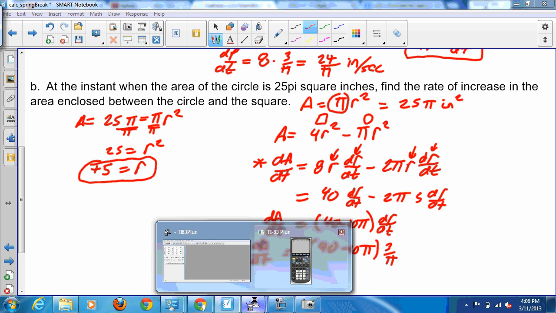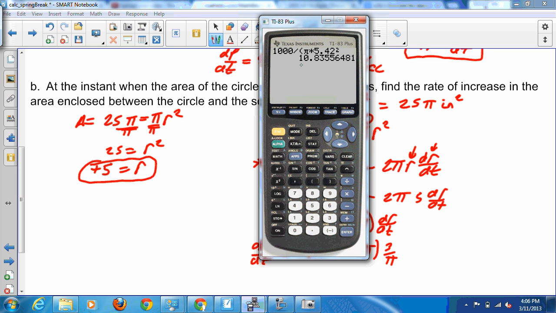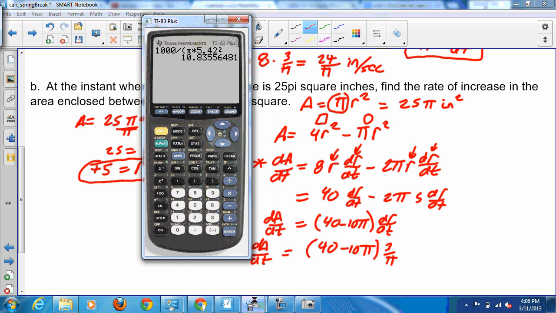So let's pull the calculator out and see if we can come up with a value for that. So we have 40 minus the 10 pi, and we're going to multiply that by 3 over pi.